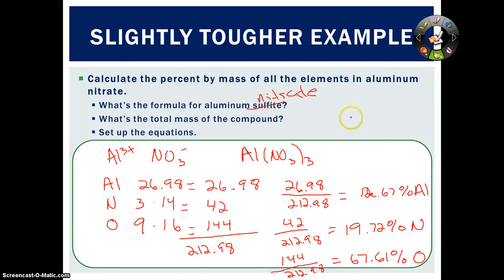Same as before, we know that as a percent they all need to add up to 100, so I'm going to plug all 3 of these numbers into my calculator, add them together, and check to make sure that I do in fact get 100%.